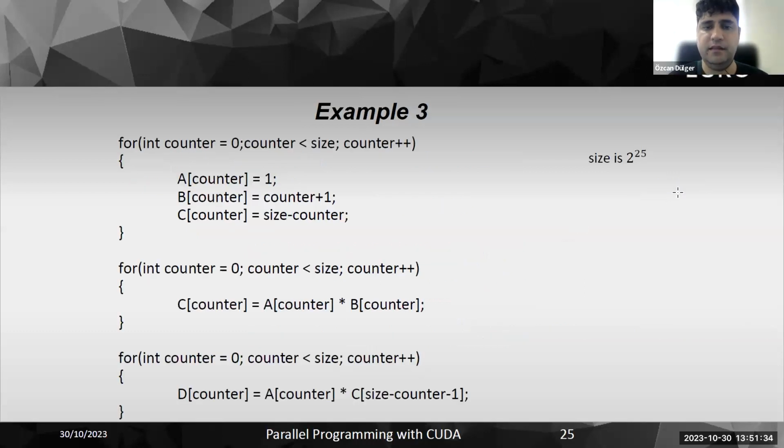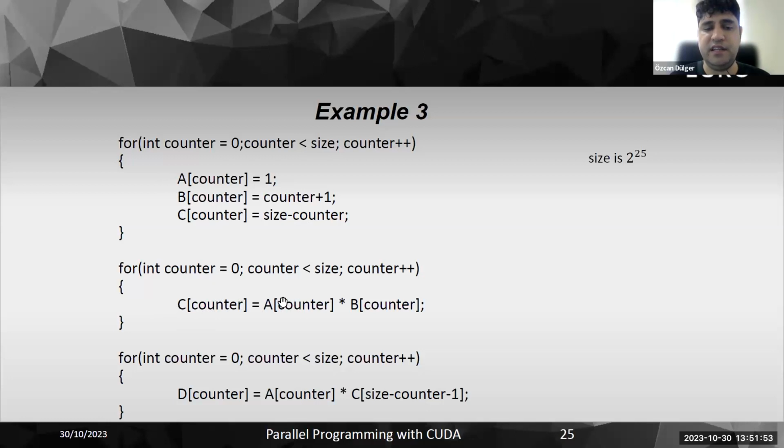Okay, let's continue with another example. This is a serial code again. We have 3 arrays, A, B, C, and we assign some values with the first loop.